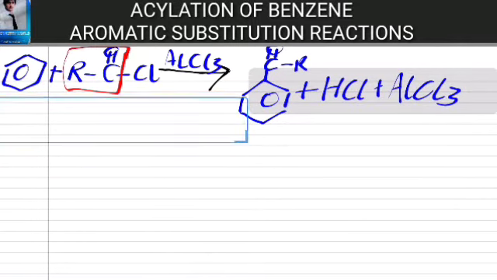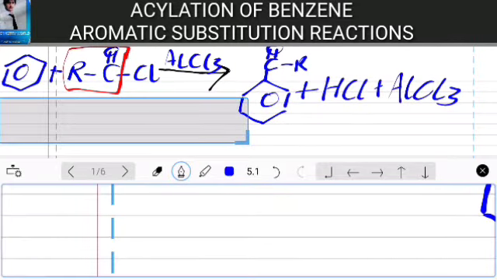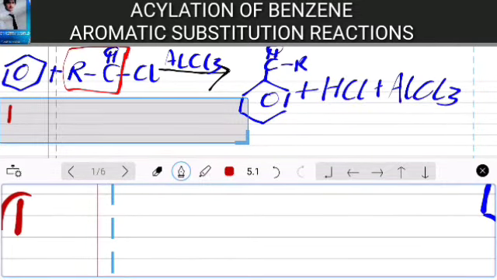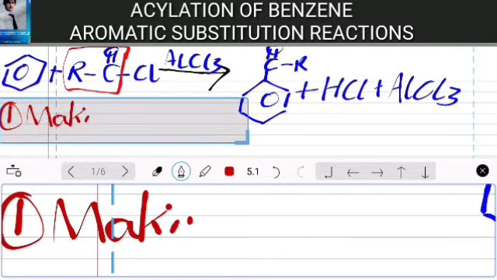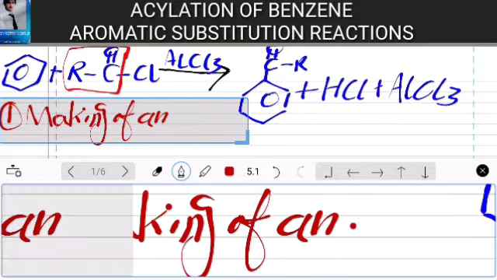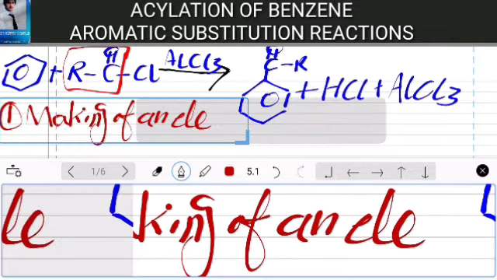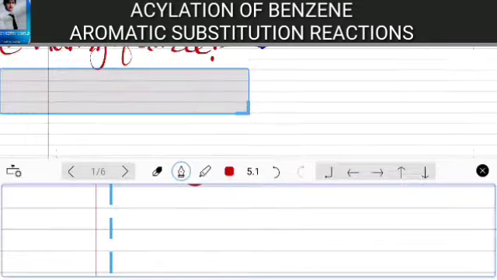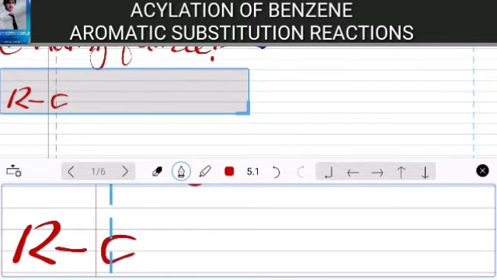The first step of this reaction's mechanism is making of an electrophile. For the making of the electrophile, we have to react our reagent RC double bond O Cl with our catalyst AlCl3.